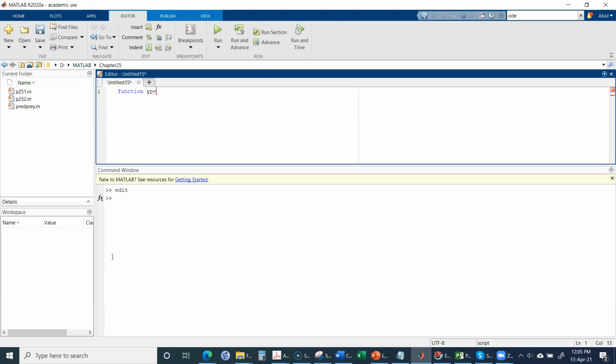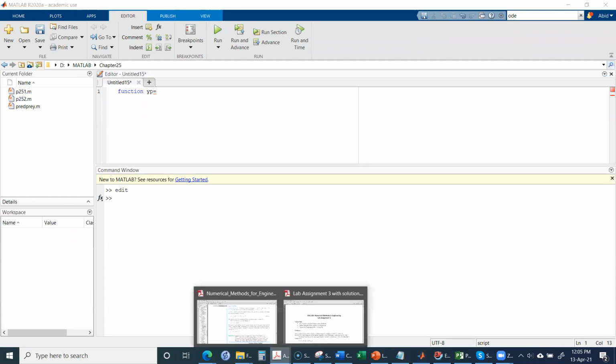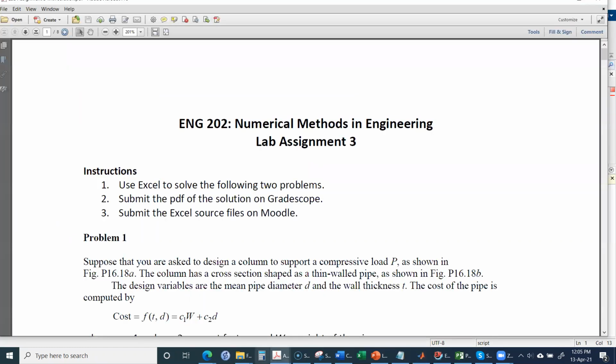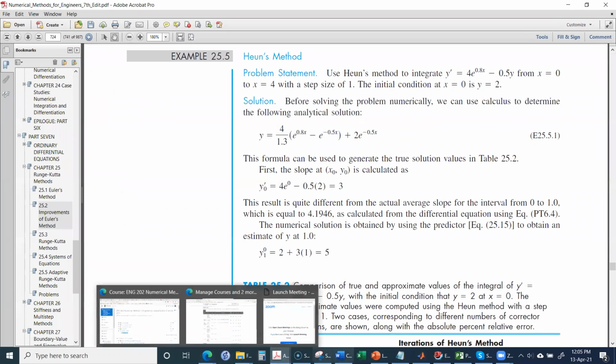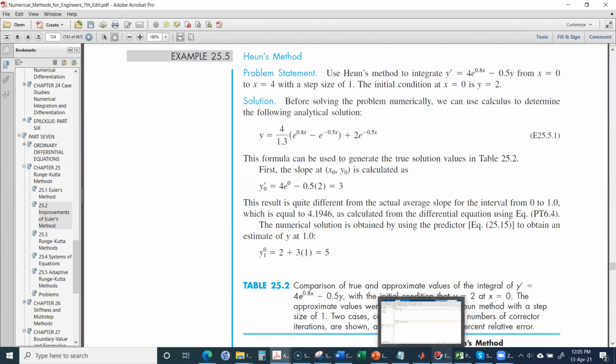So we can say that this was example 25.5, so I can name it example 25.5.